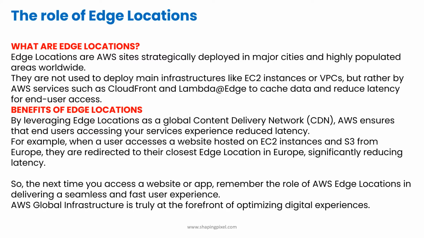The benefit is that by leveraging edge locations as a global content delivery network, AWS ensures that end users accessing your services experience reduced latency. For example, when a user accesses a website hosted on EC2 instances and S3 from Europe, they are redirected to their closest edge location in Europe, significantly reducing latency.